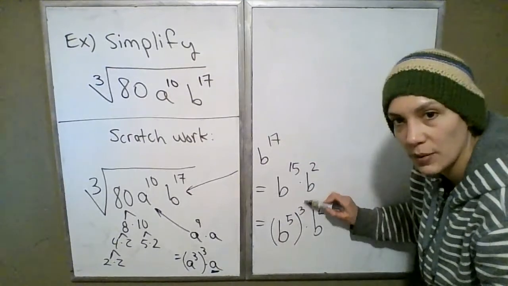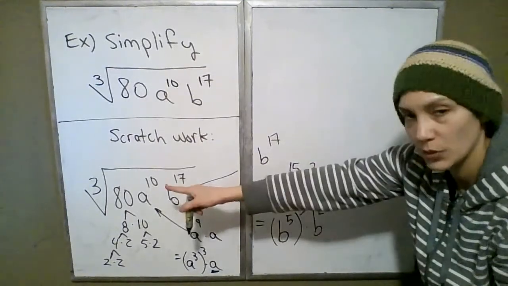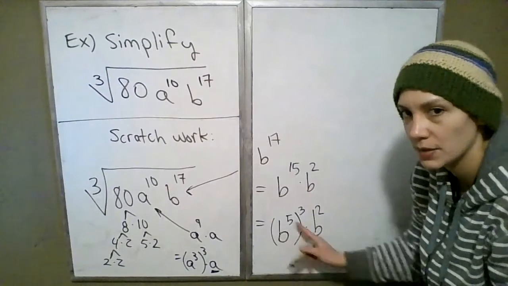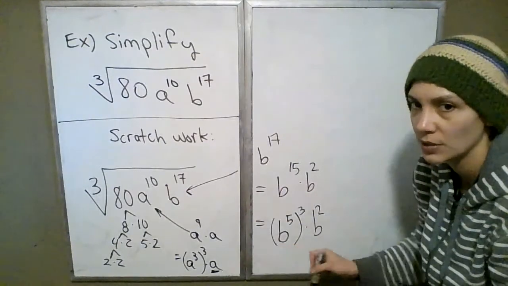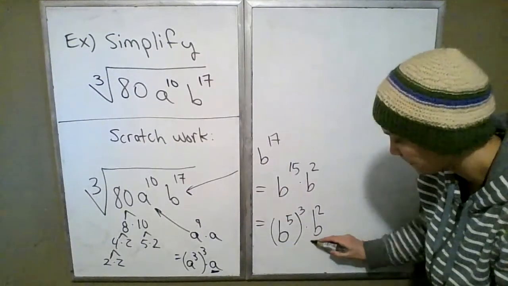That way this power of 3 will match the root 3, and this b to the 5th will be out from under the cubed root, but the b squared has to stay.